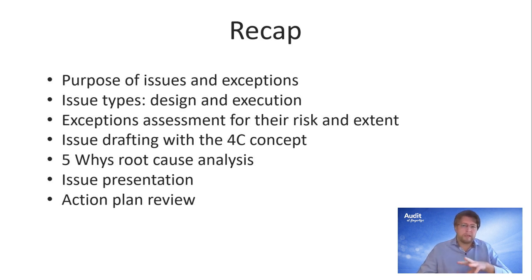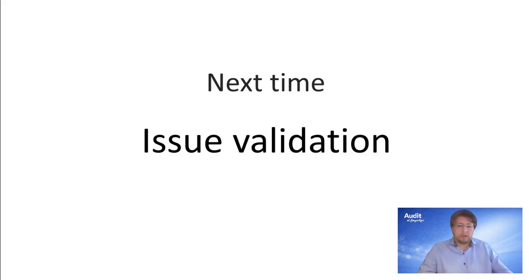We reviewed the 5 whys analysis of the root cause, the way of presenting the issues, and submission of the action plan. So next time we will talk about the issue validations, because this is exactly where we reach the state of risk mitigation and where internal audit provides assurance on the control effectiveness.